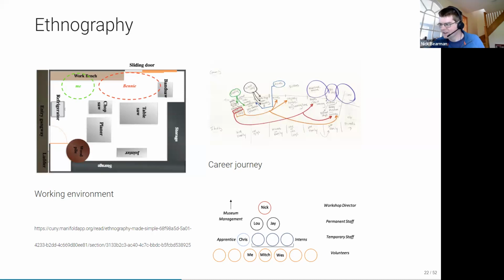We can look at their career journey. So not spatial, but looking at change over time. What are the different stages of their career? How did they relate to each other? Who's involved? And so on and so forth. And on the bottom left, we can also look at an organizational map as well. So how do we look at people in a management structure?